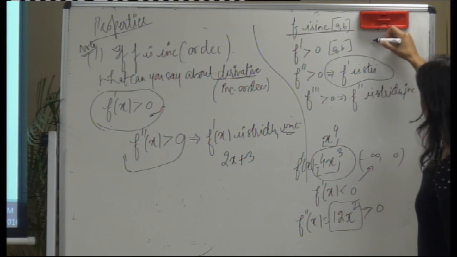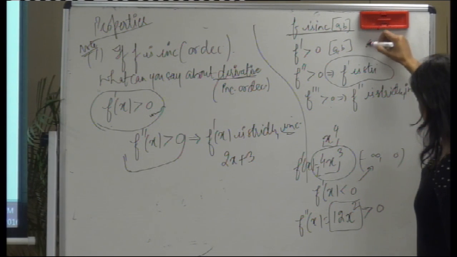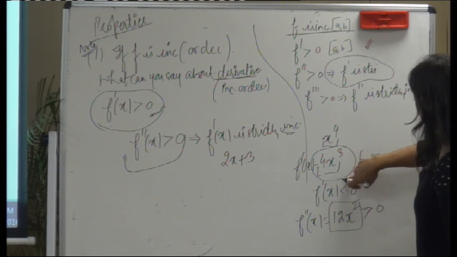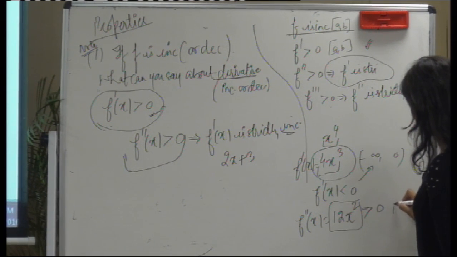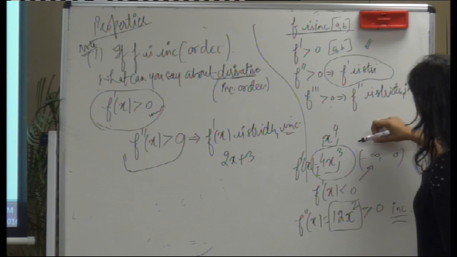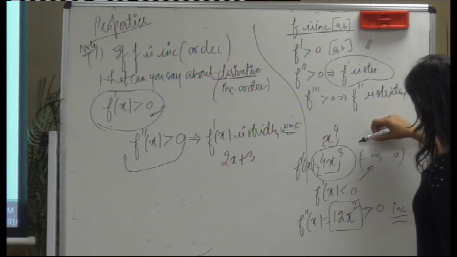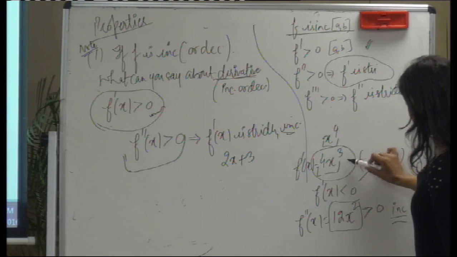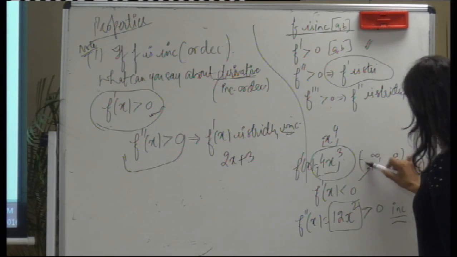So this is greater than 0, but our function is strictly increasing, so this is negative for these values.